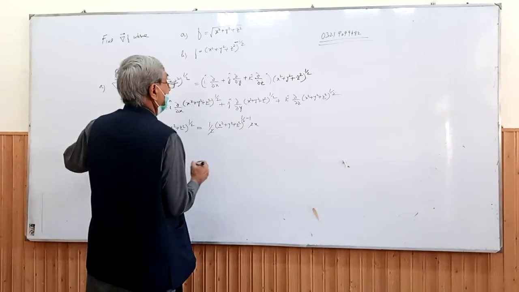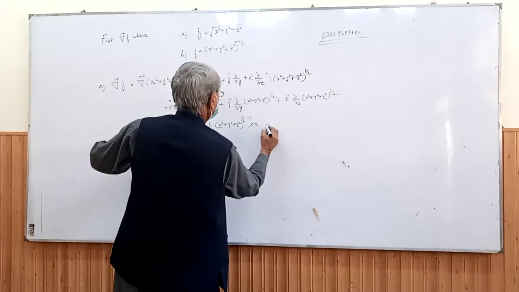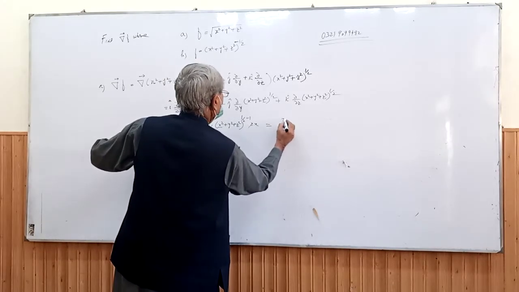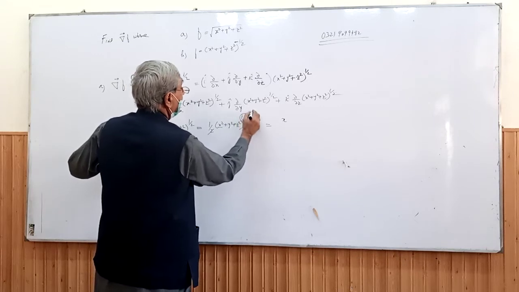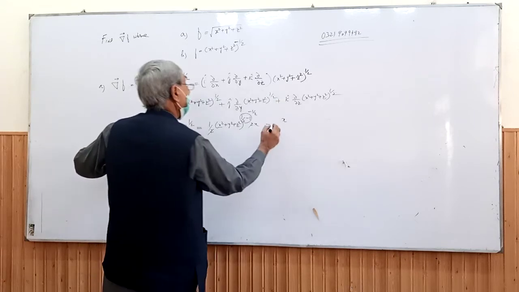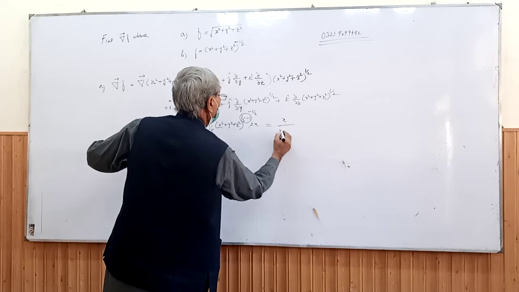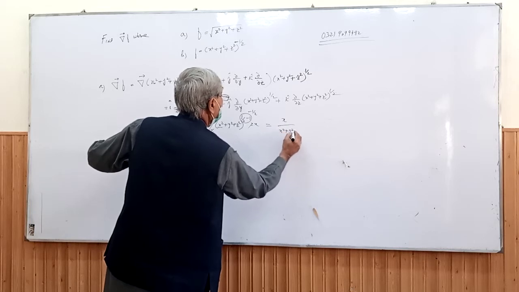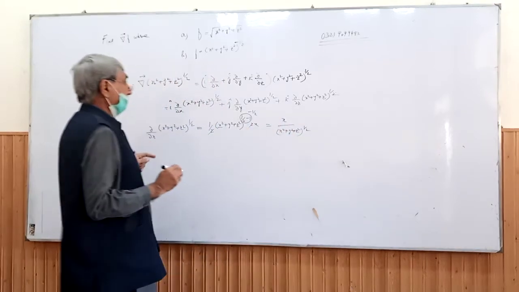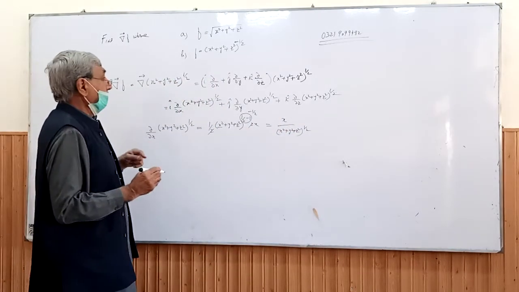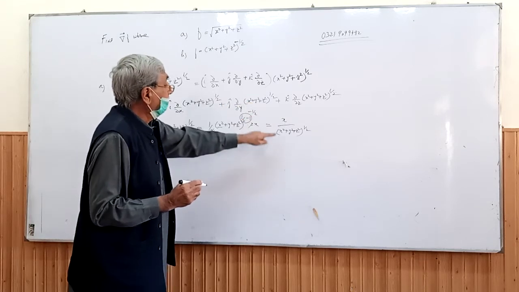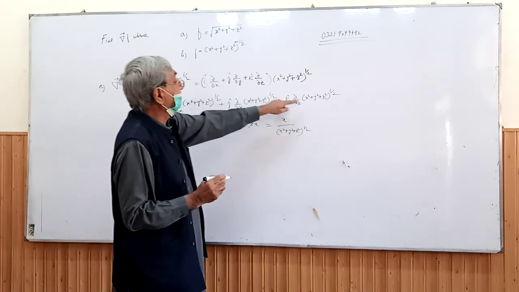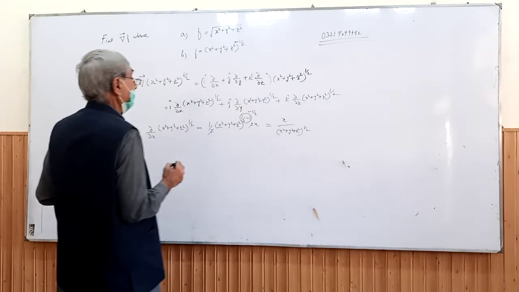And you can cancel it, and your result will be x, and see here minus 1 over 2 will be left here, which will go into the denominator, and it will be (x square plus y square plus z square) raised to the power 1 over 2. Now you can tell me the answer of this. This will be y over the same quantity, and this will be z over the same quantity.